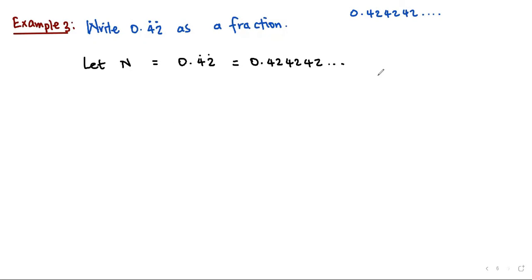And we can call this equation number 1. Now, remember in example 2, we had only 1 digit repeating itself after the decimal point. But for this one, we have 2 digits repeating. So since we have 2 digits repeating, we are going to multiply by 100 on both sides.